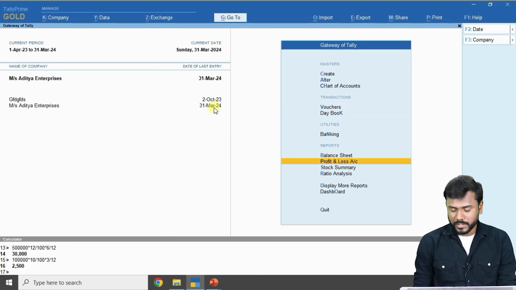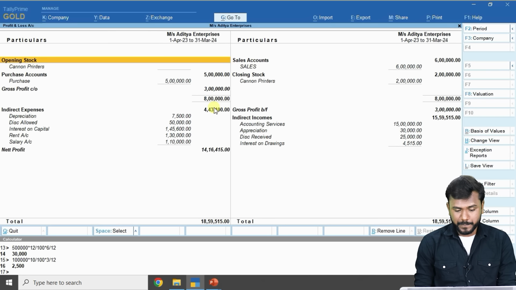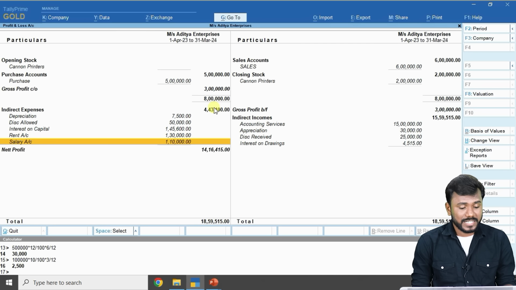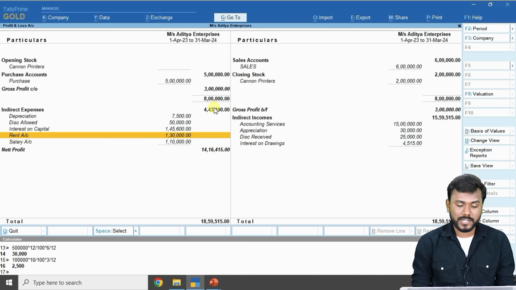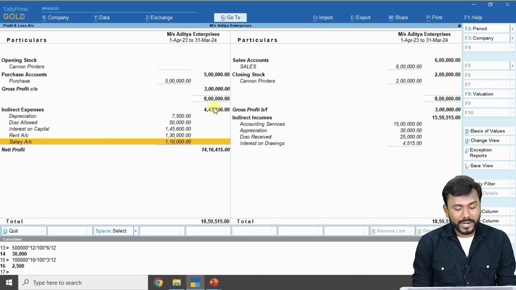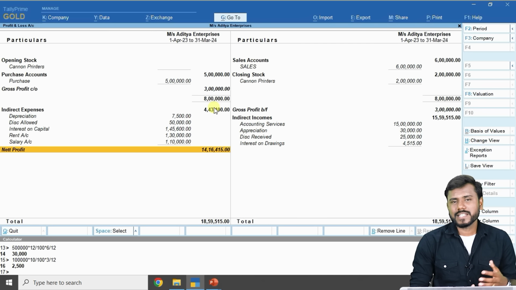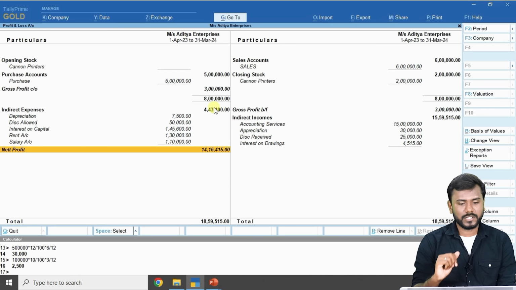Now if you go to the profit and loss account, you can see total rent booked as expenditure was 1,30,000 and total salaries booked 1,10,000. Remember, now the profit is how much? 14,16,415.